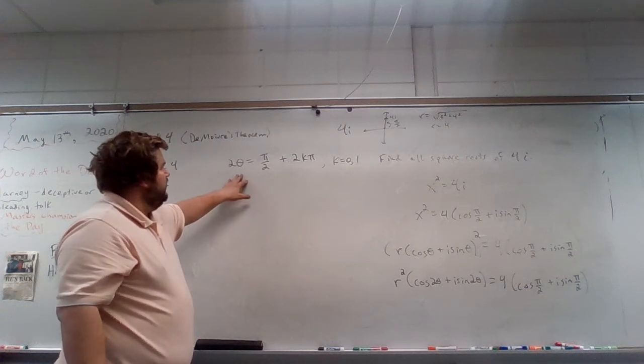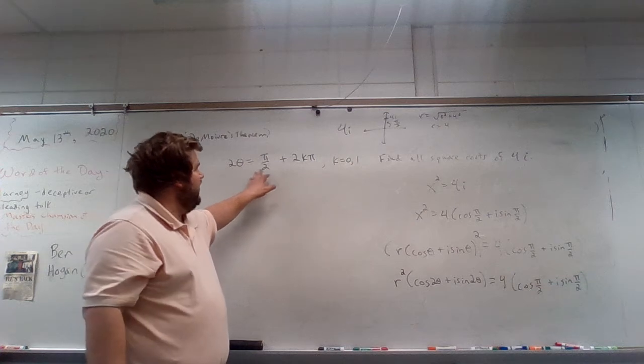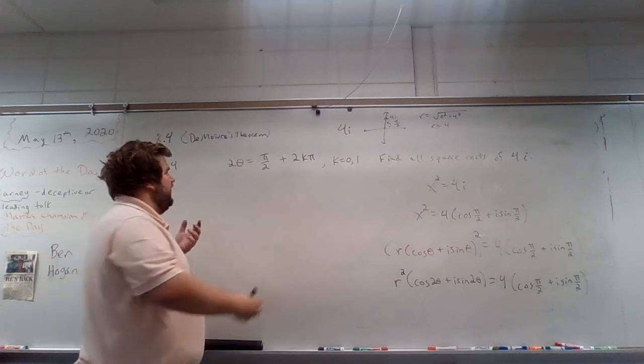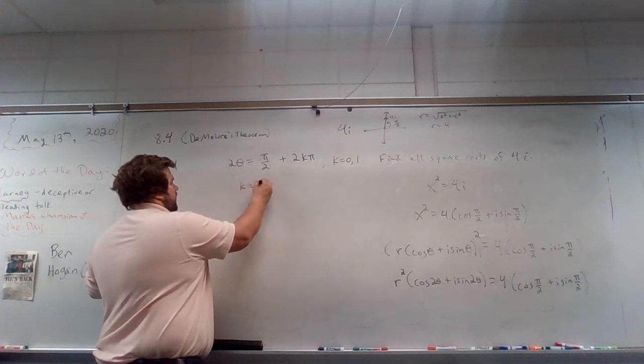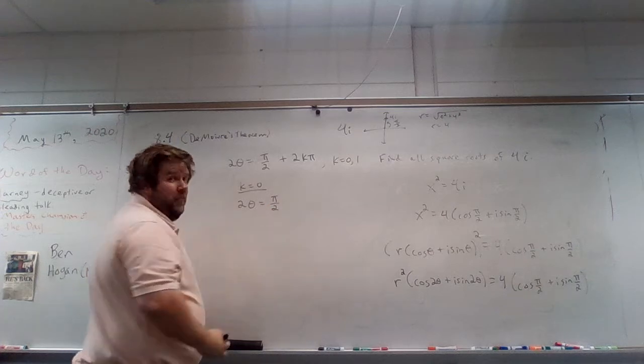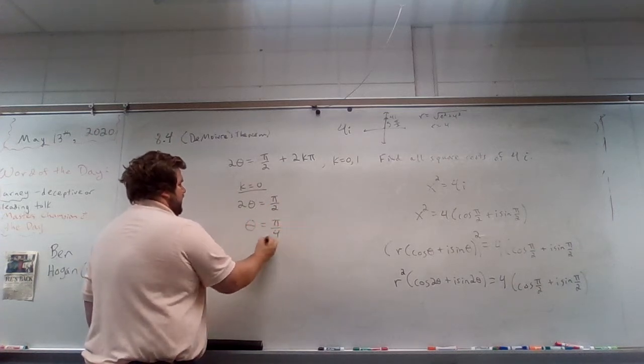But in order to now find our different values of theta, I have to solve this for theta for these values of k. Okay. So if k is 0, for that value, I get 2 theta is equal to pi over 2. Multiply that by a half, and I see that theta equals pi over 4 is one value.